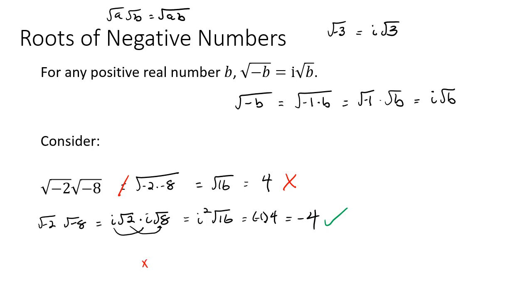So the key thing to keep in mind is that if you don't want to make mistakes with negative signs, if you don't want to get your answer wrong by a factor of negative 1, always pull i out of the square roots before you perform operations.